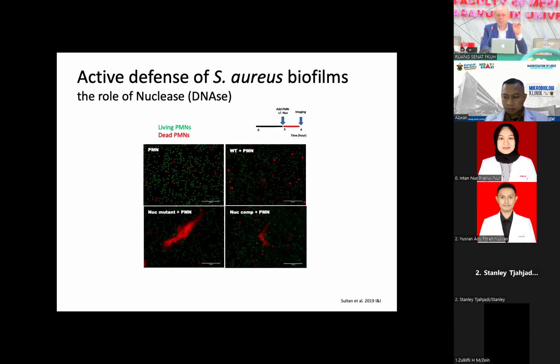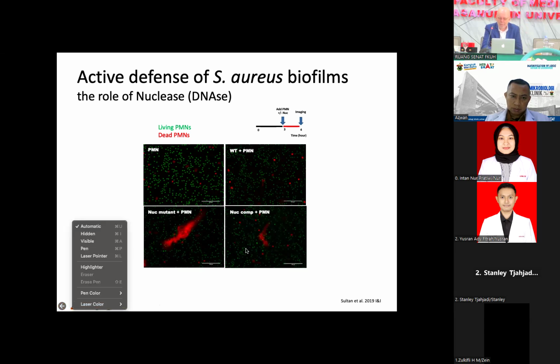That means that in the wild type, where the nuclease is being generated, already before you can even see the NETs being formed, they're already killed by the nuclease being produced by these early stages of biofilm formation. And this is the complemented mutant, where, of course, you should be able to see on the left.